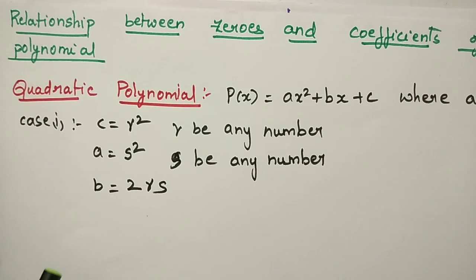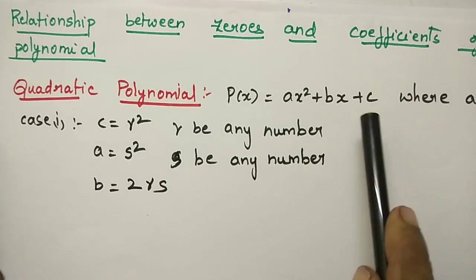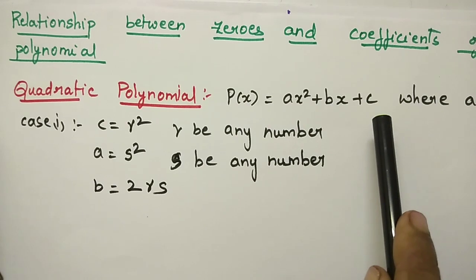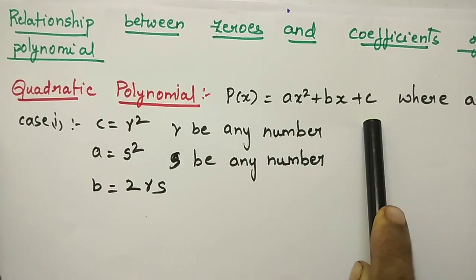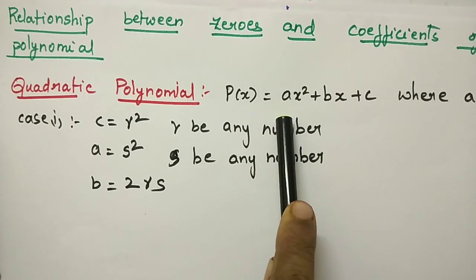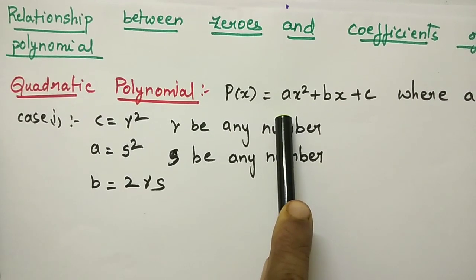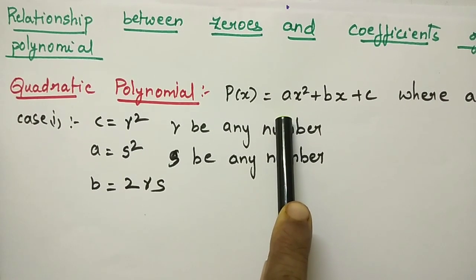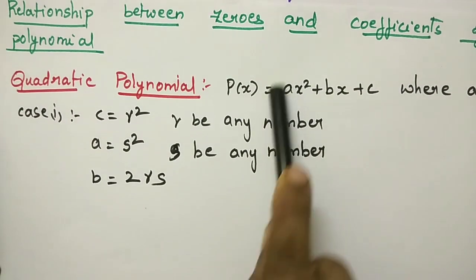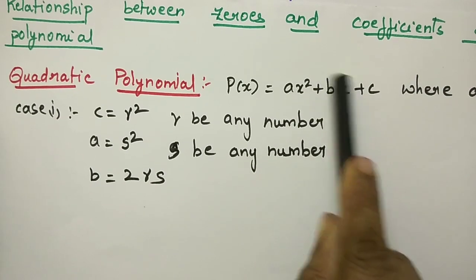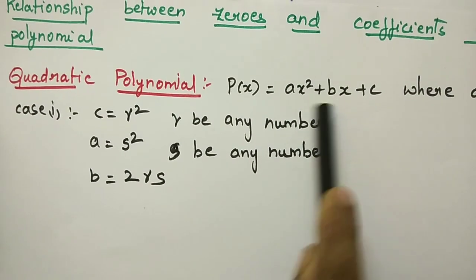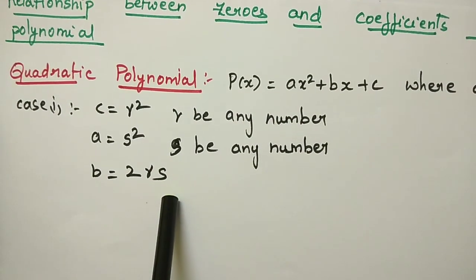After verifying whether c can be expressed as a square of a number, we went to the coefficient of x square and verified whether it can be expressed as a square of a number, and at last we came to the middle term and checked whether the coefficient of x, b, can be expressed as 2 into r into s.